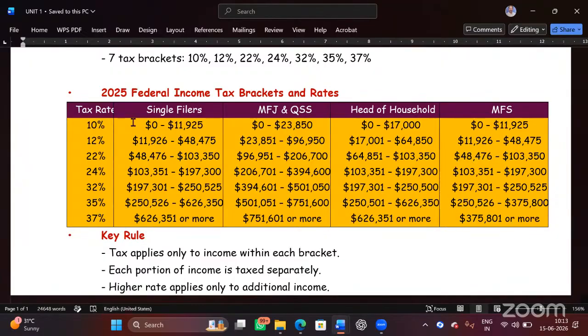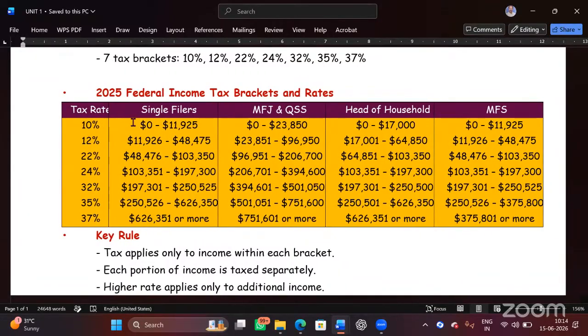That kind of filing is technically called married filing jointly. Third category, qualifying surviving spouse: out of wife and husband, if one spouse died in the current year, then the other surviving spouse will be treated as a qualifying surviving spouse for 2 more years. And the fourth one, head of household.